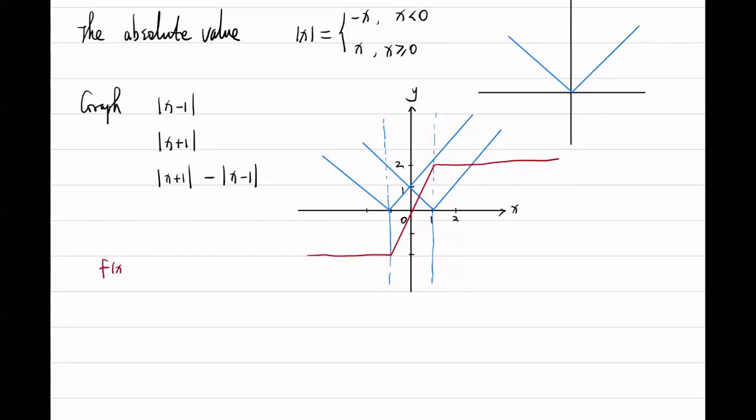The difference, -2 and 2. And in between, where x is between -1 and 1, this one will be positive. So x plus 1 is positive, so it's x plus 1. x minus 1 is negative, so the absolute value will be negative.